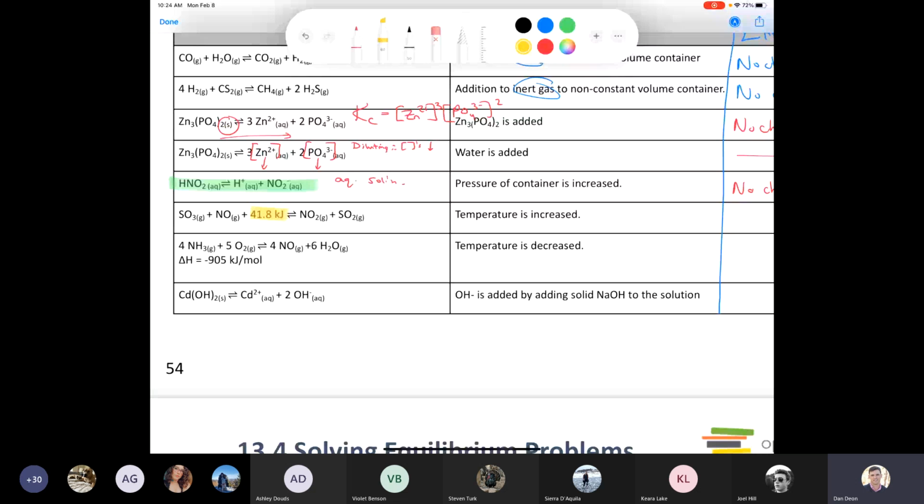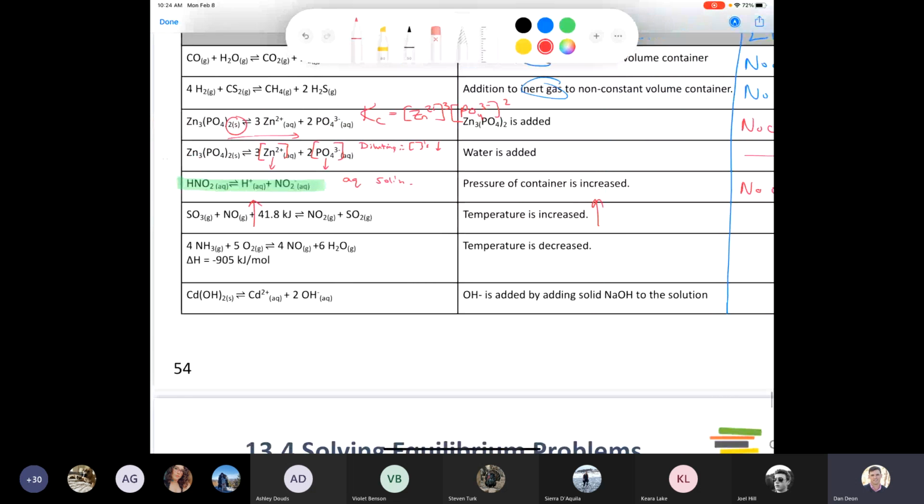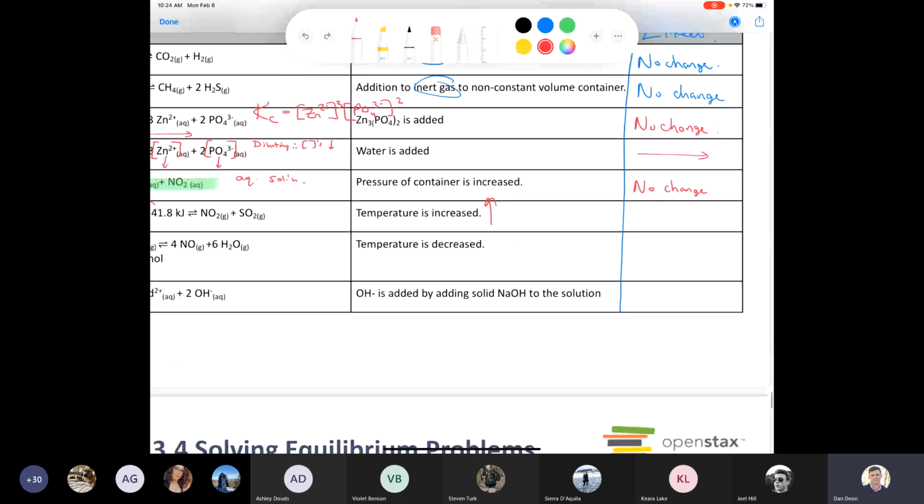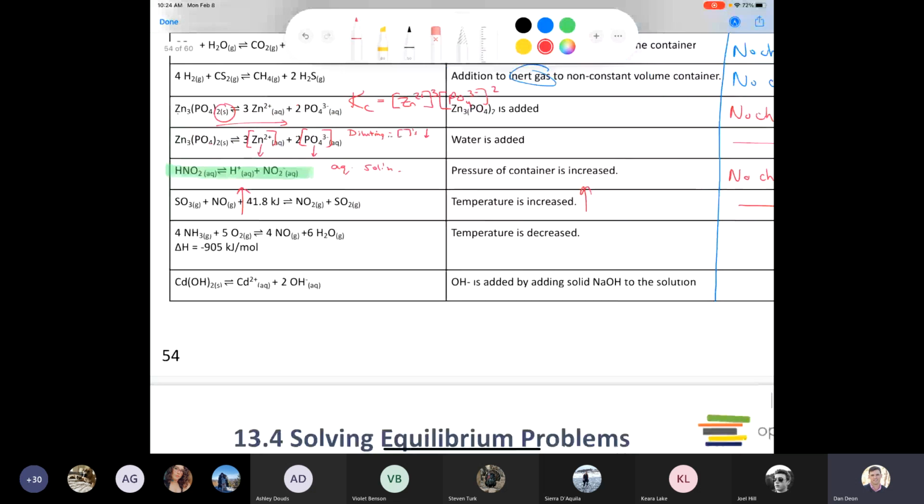Now, if we increase the temperature, that means we're increasing this, so the equilibrium is going to shift to this side to make it up. It's going to shift towards the products, towards the right. So we'll put towards the right.